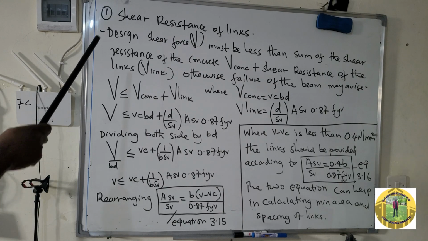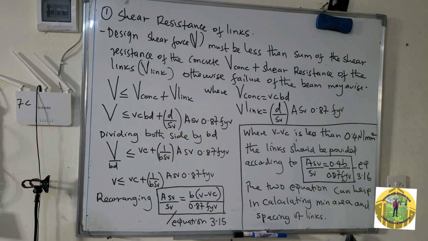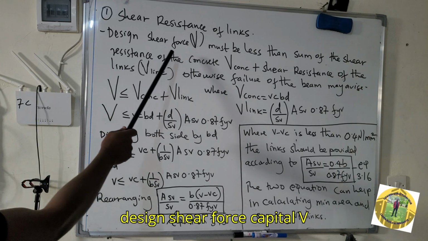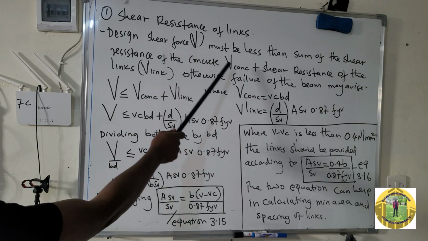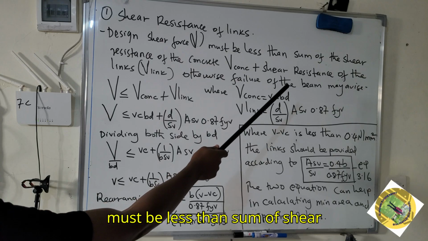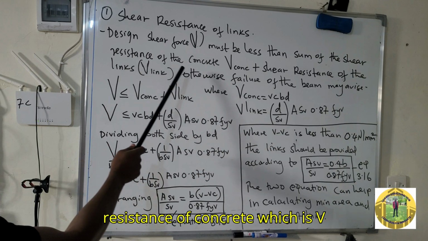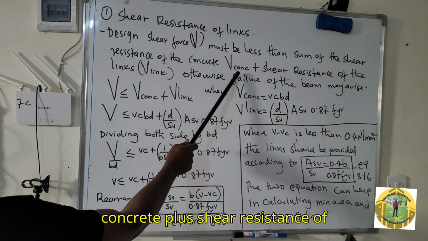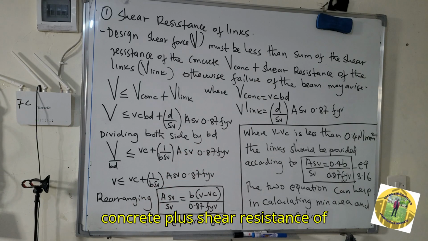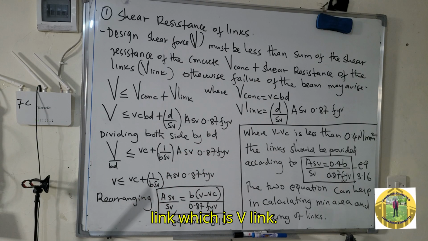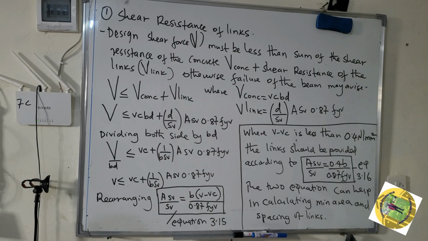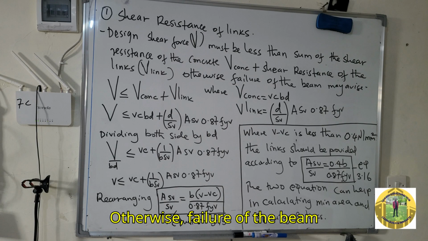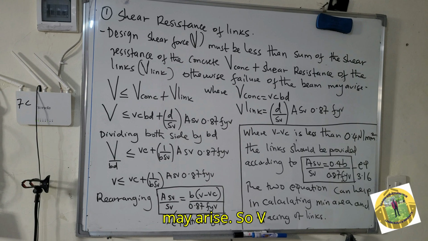Number one, shear resistance of link. The design shear force, capital V, must be less than the sum of the shear resistance of concrete, which is V concrete, plus the shear resistance of link, which is V link. Otherwise, failure of the beam may arise.